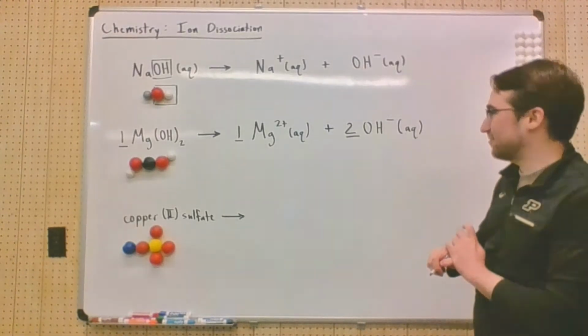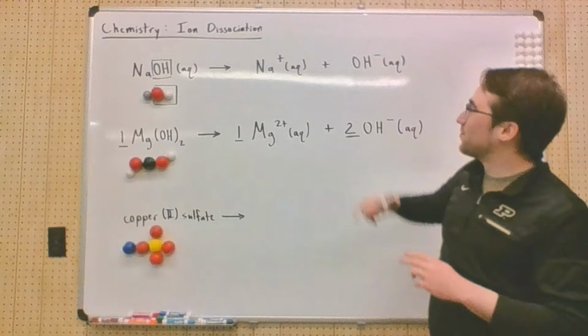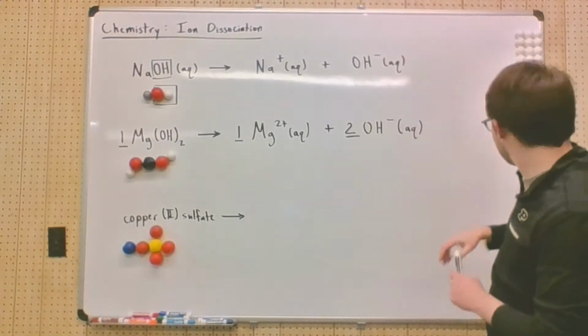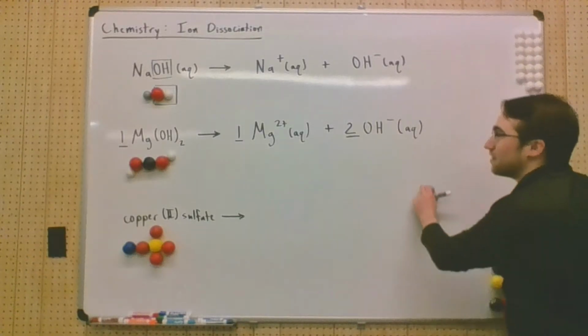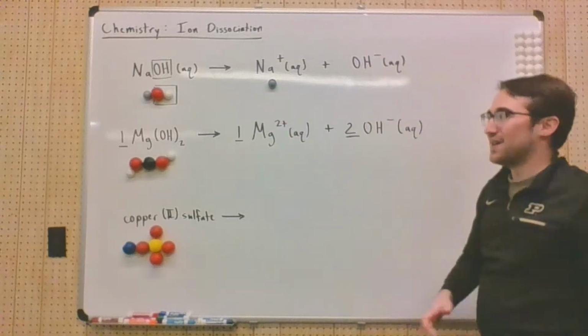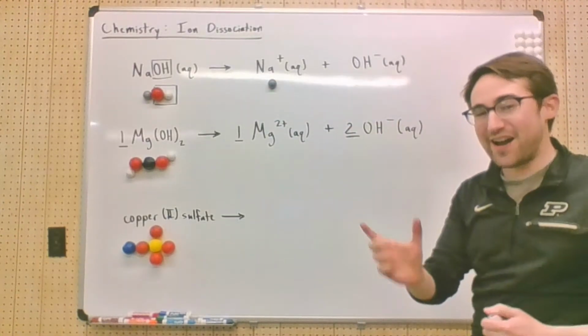Okay, so we've got NaOH splitting up into its separate ions. The Na+ and that OH- polyatomic ion together.